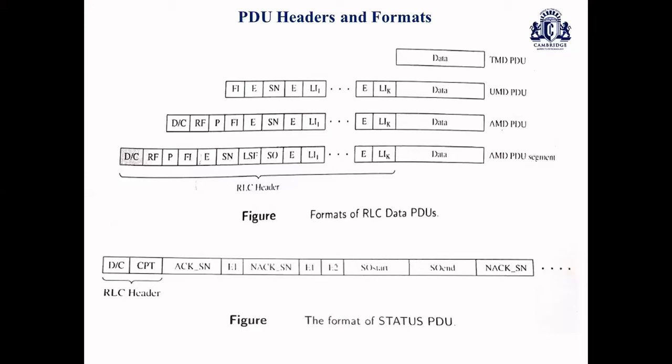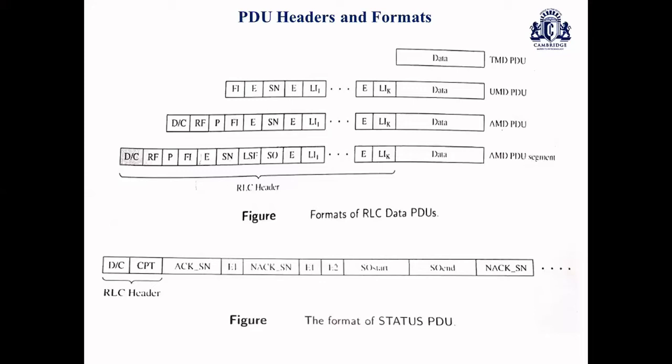ACK SN, the acknowledged sequence number field, indicates the sequence number of the next not received RLC data PDU. The extension bit E1 field indicates whether a set of negative acknowledgement sequence number, E1 and E2 follows or not.